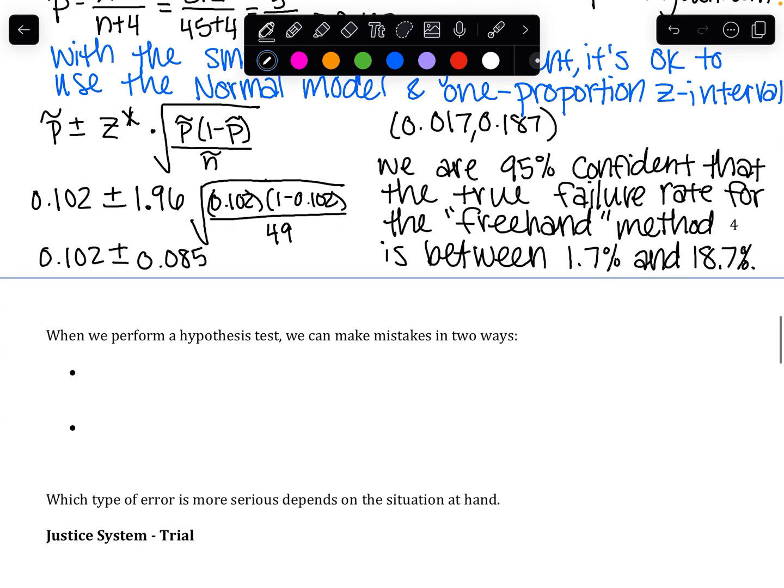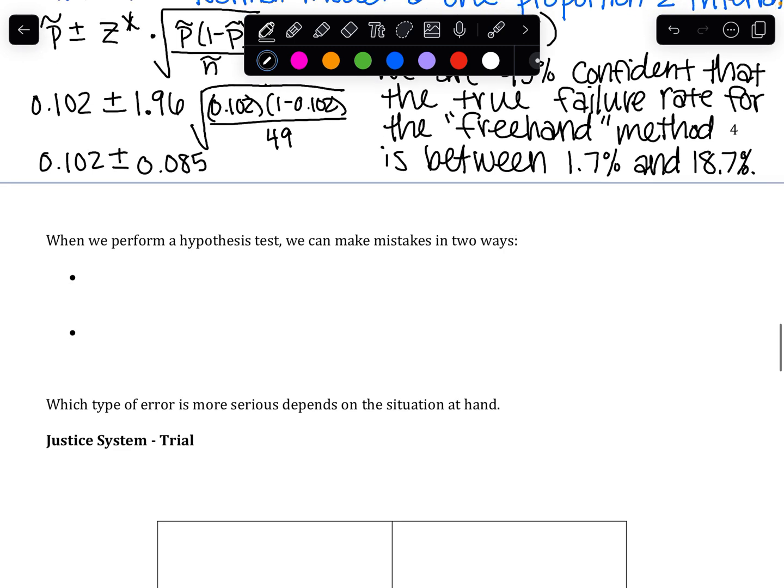Next, we're going to get into some types of mistakes we could make. There are 2 types of mistakes that we could make, not because we did the math wrong, but because we followed the correct methods and we just didn't end up with a conclusion that matches the truth. The first one is that the null hypothesis is true.